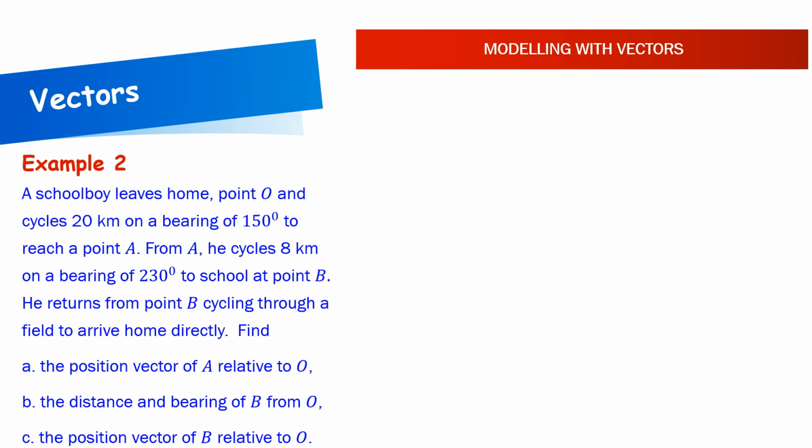So let's solve this. Let's begin by drawing a diagram first. We have that a schoolboy leaves home, point O, and cycles 20 kilometers on a bearing of 150 degrees to reach a point A. So here's north, and here's the journey the boy starts to take.